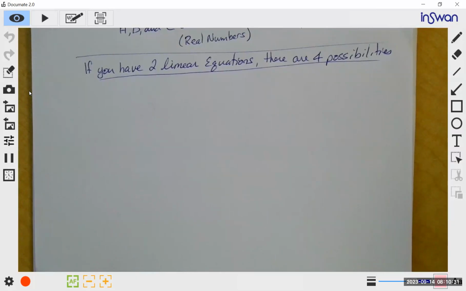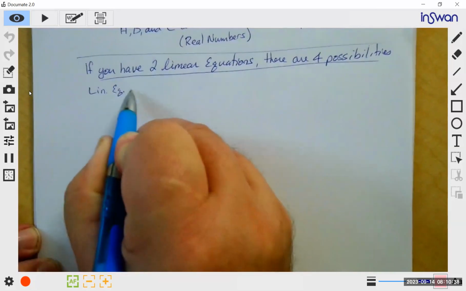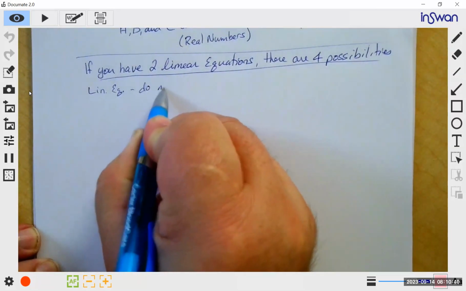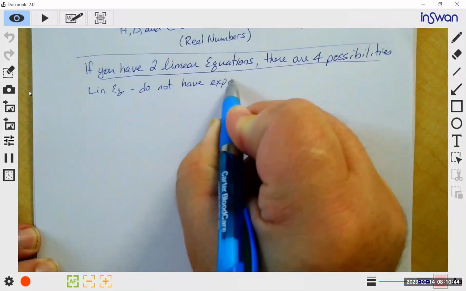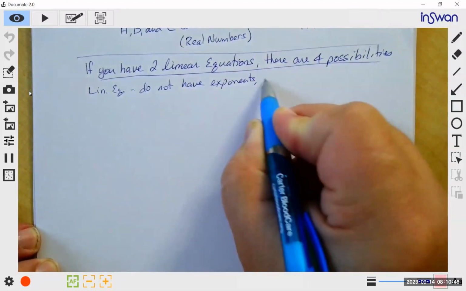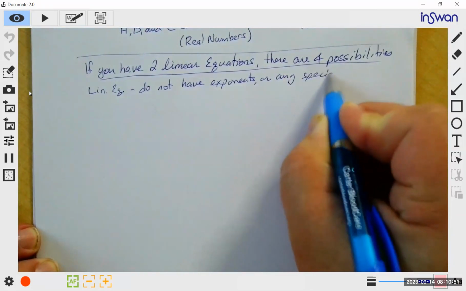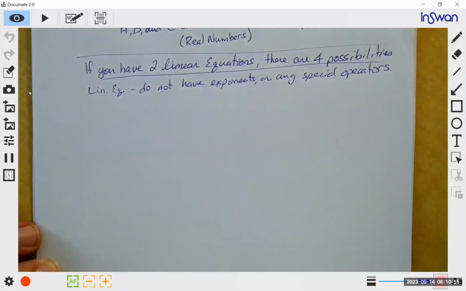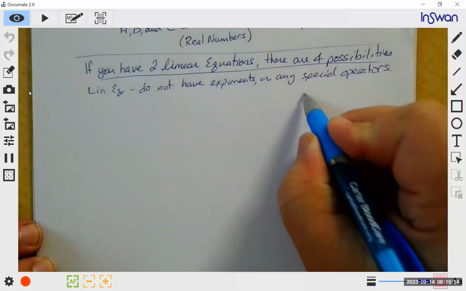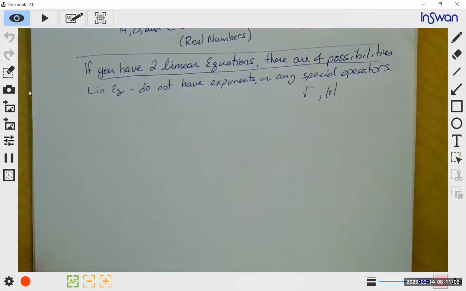A linear equation, as opposed to all the other functions, does not have exponents or any special operators. Again, by special operators, I mean square root, absolute value, anything.